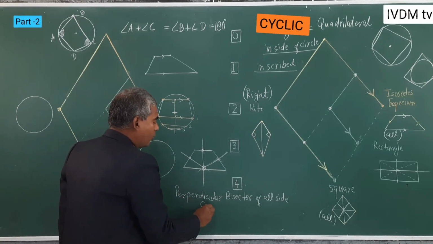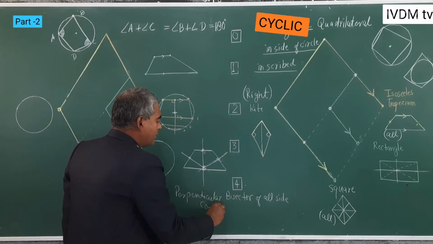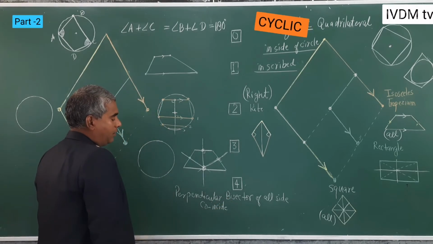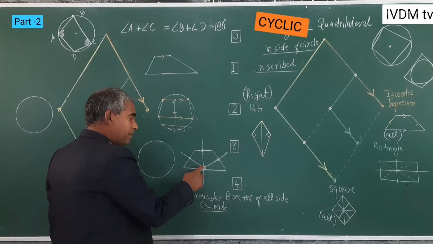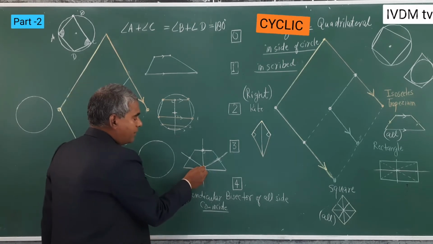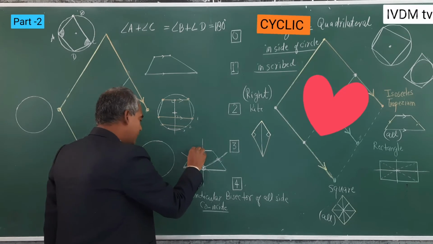If they meet at the same place, that will be the center of the circle which will touch all four vertices.